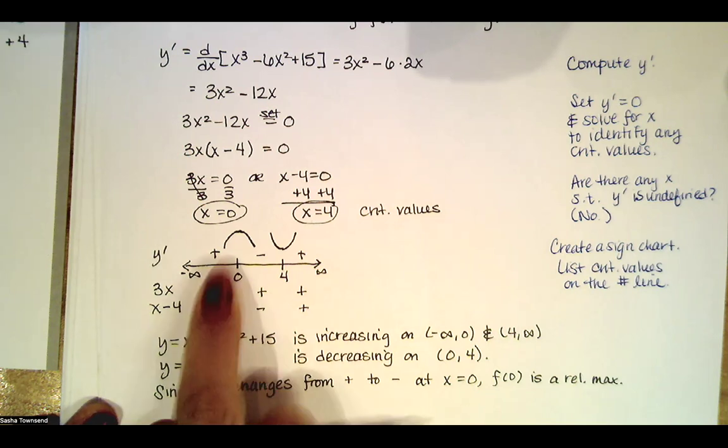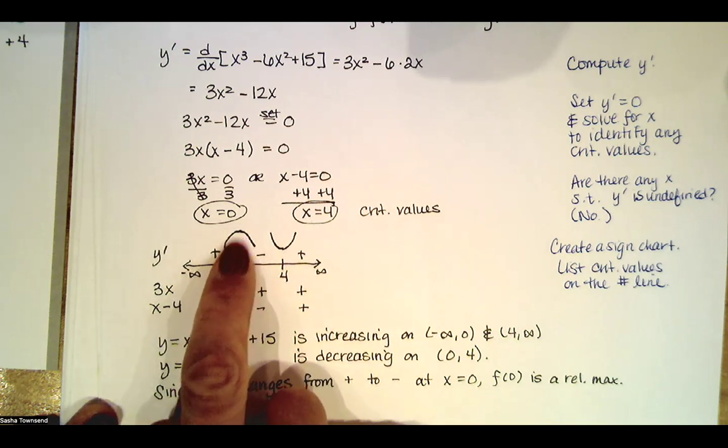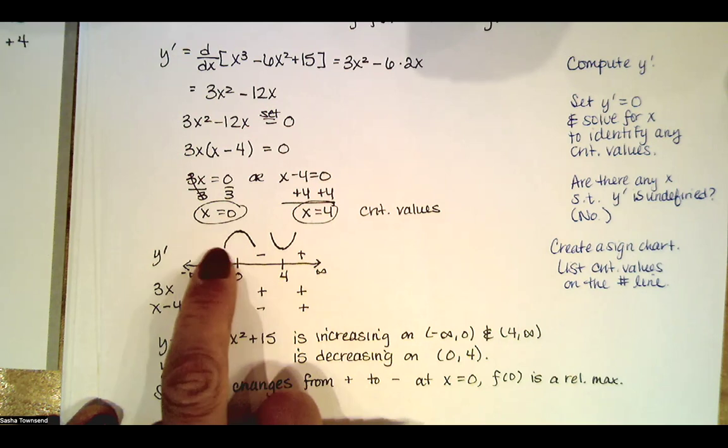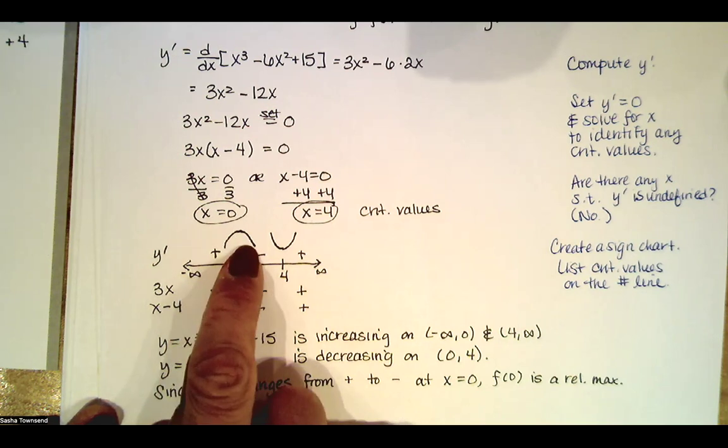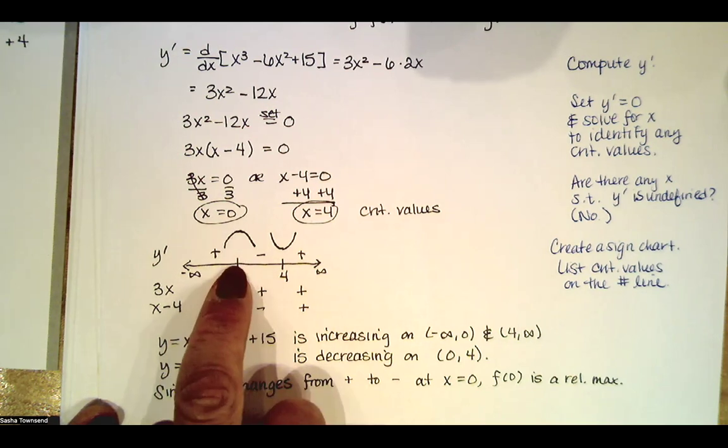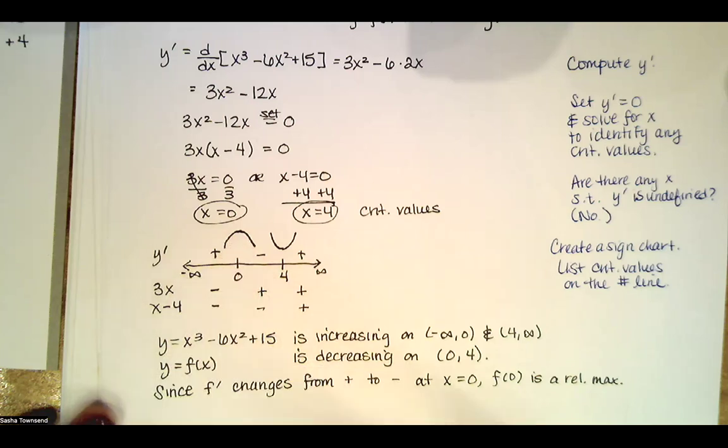So since our derivative changes from positive to 0 to negative, it's increasing, then it's 0 slope, and then it's decreasing. The function value at 0 is a relative max.